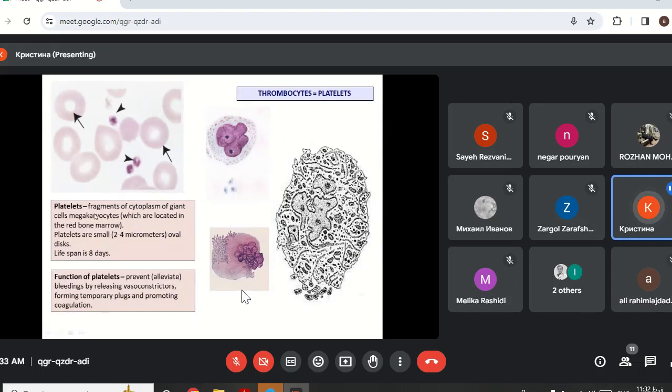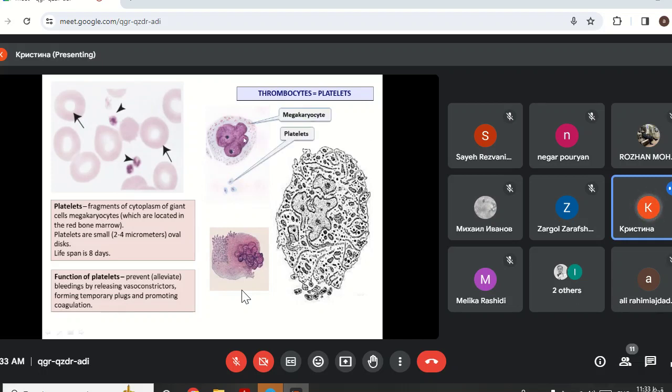They are actually fragments, small pieces of cytoplasm of a giant cell called megakaryocyte, which is located in red bone marrow. So here, here, and here you can see the megakaryocyte, from which small particles of cytoplasm are shed away in the form of thrombocytes, of platelets.